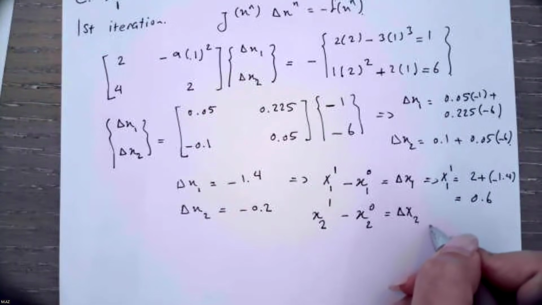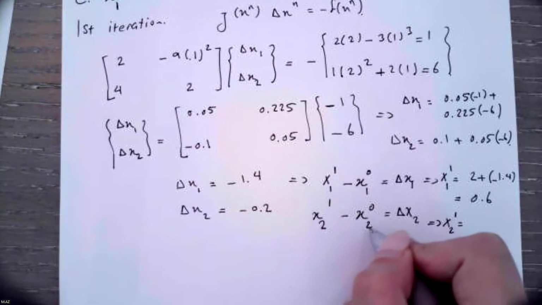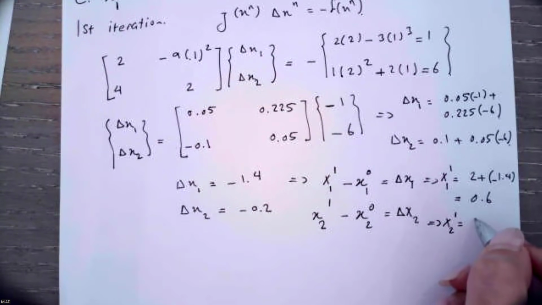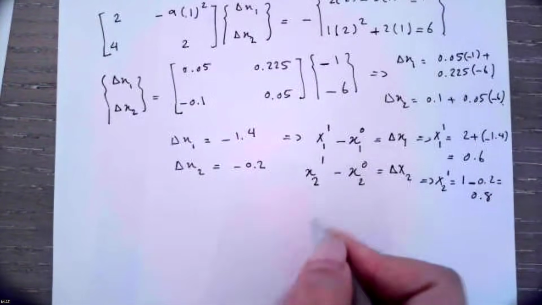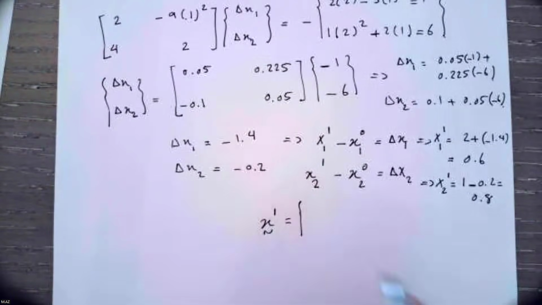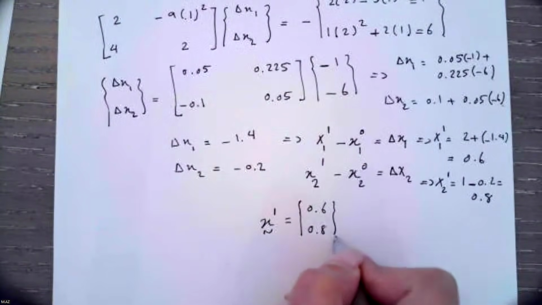And the value of x2 for the first iteration is the value of x2 for the initial guess, that is given as 1, plus delta x, which is 0.8. Now the vector of x for the first iteration is 0.6, 0.8.